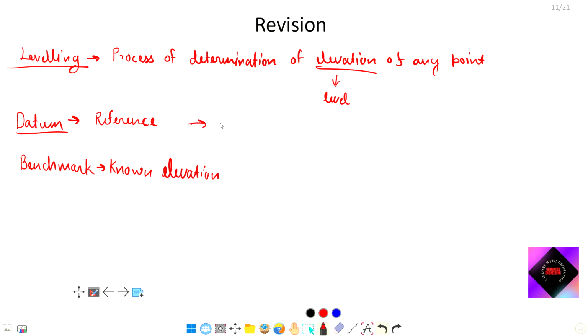So that mean sea surface is known as mean sea level, and we calculate height from here only. This is our datum. Every country has their own mean sea level, and for India it is located in Mumbai.